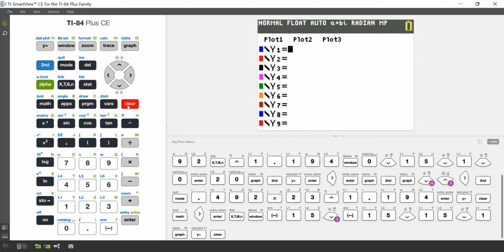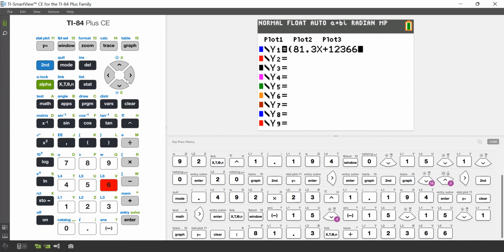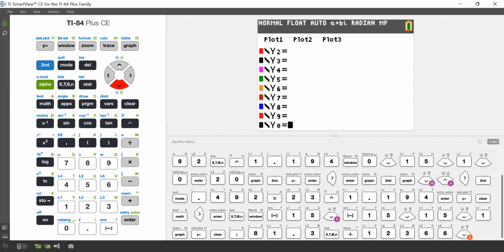Okay, I am going to graph this using the techniques that we learned last week. So I'm going to put my function in parentheses. I'm going to put 81.3 plus X plus 12,366, and then close the parentheses.